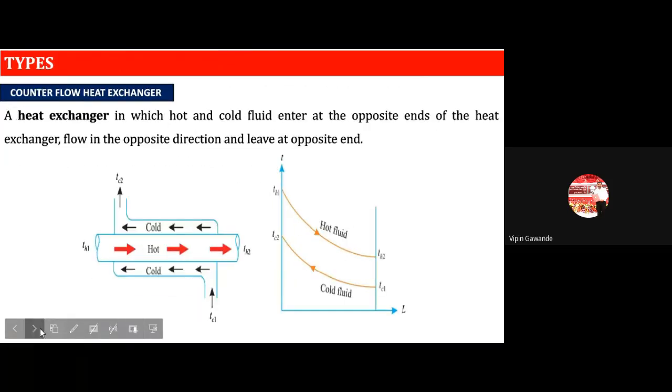Now, similarly for the counter flow heat exchanger. As the name suggests, counter means opposite direction, so both the cold fluid and the hot fluid are flowing in opposite directions. The nomenclature is the same. But when we plot this on the temperature and length diagram, Tc1 is here and Tc2 is here, because the cold fluid is absorbing heat from the hot fluid, so its temperature goes up.